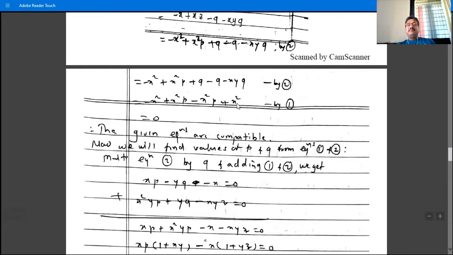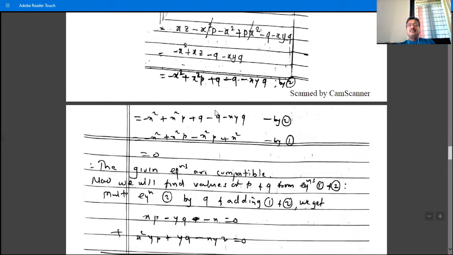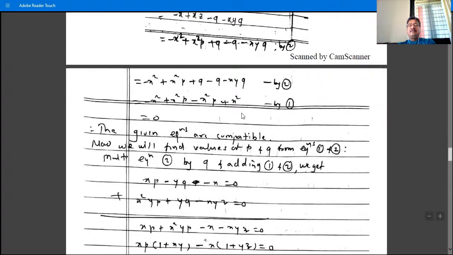And therefore we have the answer 0 minus x square plus x square p. Okay, we have the answer 0.